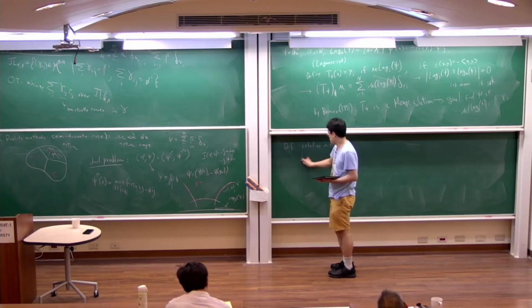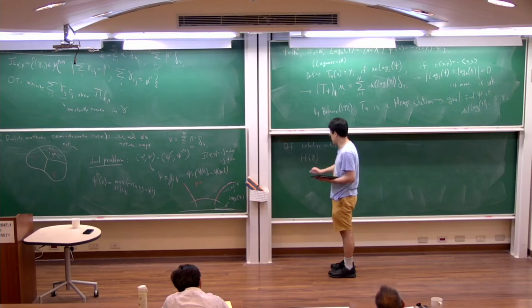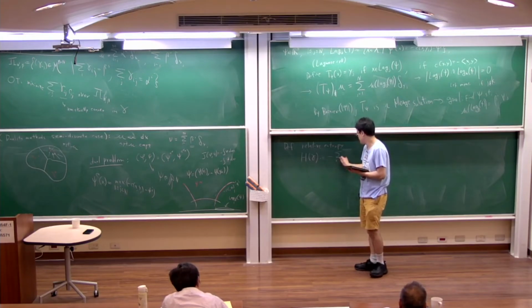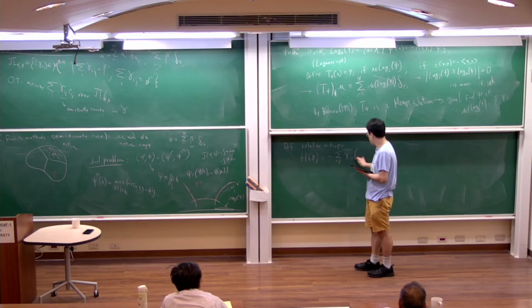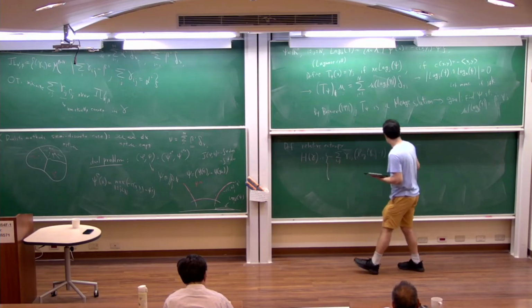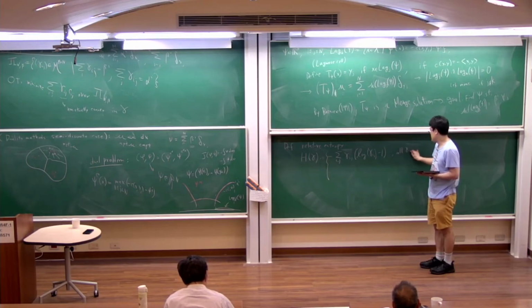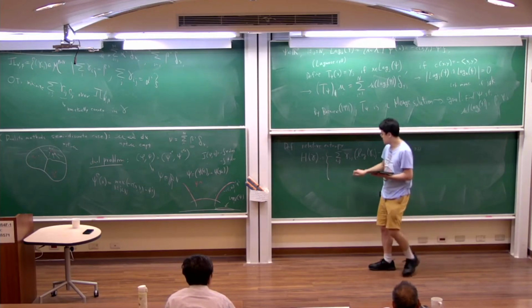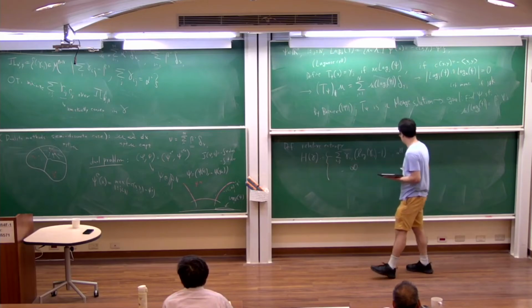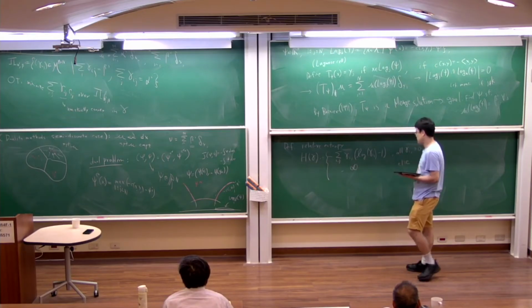H of gamma, where gamma is an m by n matrix, is minus the sum over ij of gamma ij times (log gamma ij minus 1), if all gamma ij are strictly positive, and minus infinity otherwise.